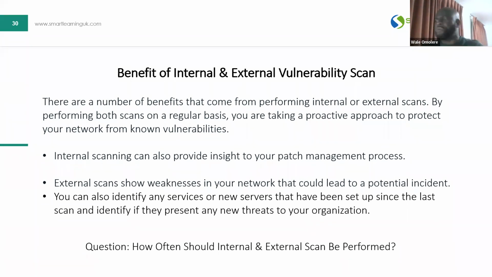So, a question for you: how often should internal and external scans be performed? Can you quickly answer that for me in a minute? How often, guys? Nelson says on a regular basis. Nelson, you're using my word against me, yeah? Okay, great. Jumoke says weekly.